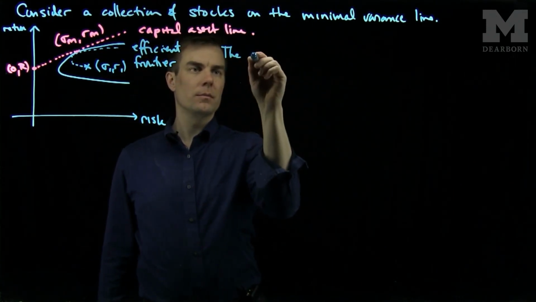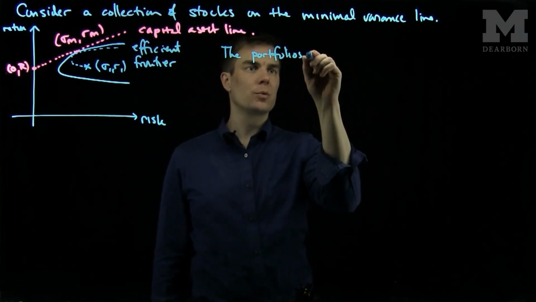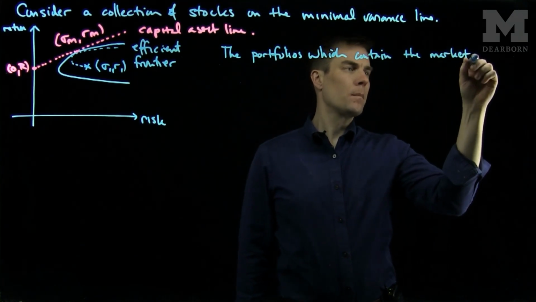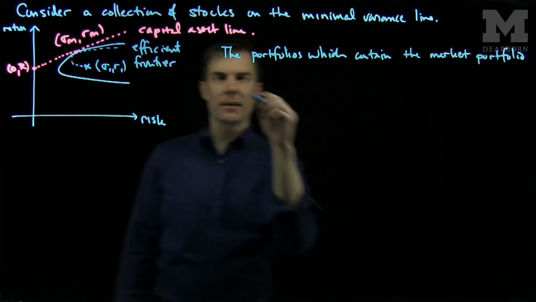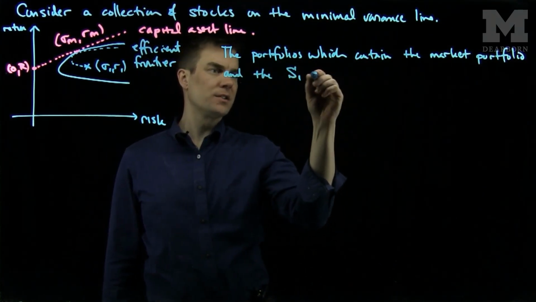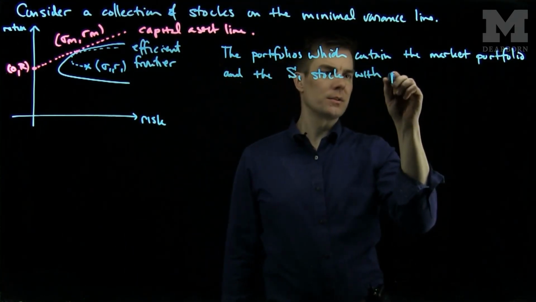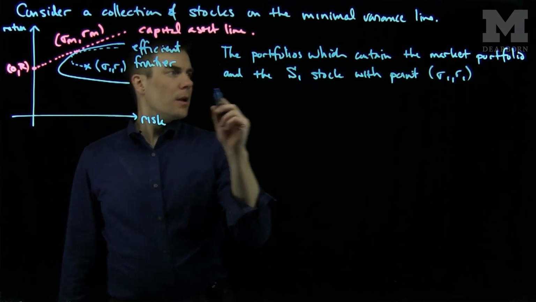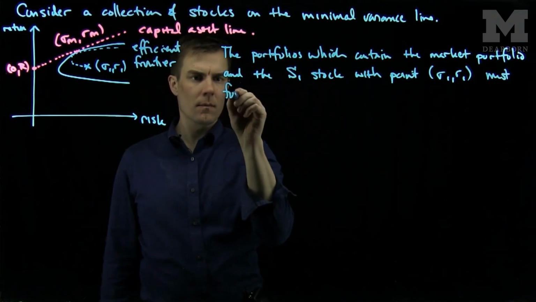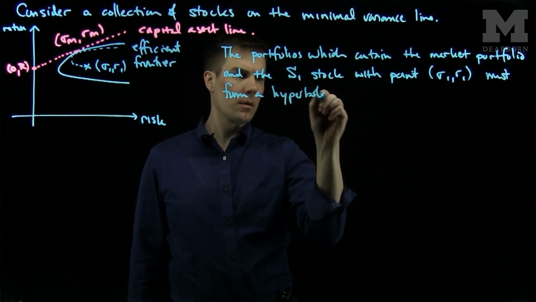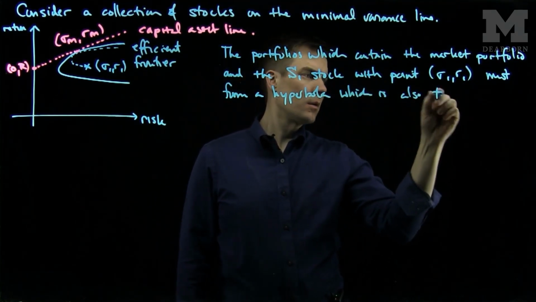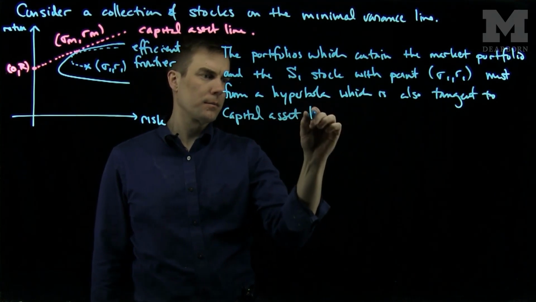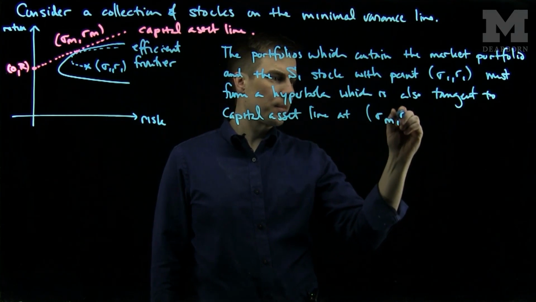So the portfolios which contain the market portfolio and the S1 stock with point sigma 1 R1 must form a hyperbola which is also tangent to the capital asset line at the point sigma m Rm.